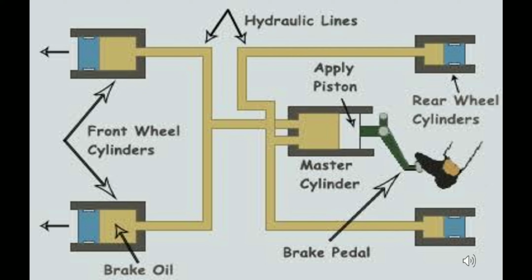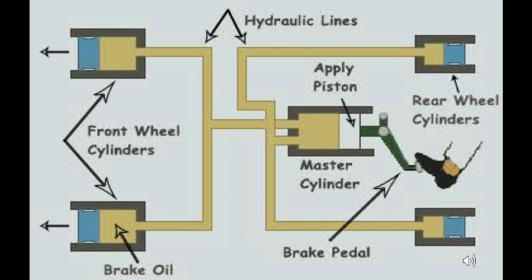Now the master cylinder applies a pressure inside, so pressure is transmitted equally and undiminished in all the directions. So equal pressure goes to all four wheels. When force has been applied on the master cylinder, pressure has been created due to that area, and whatever pressure has been created goes equally and undiminished to all four wheels, and therefore all four wheels together come to a stop because of that master cylinder force.